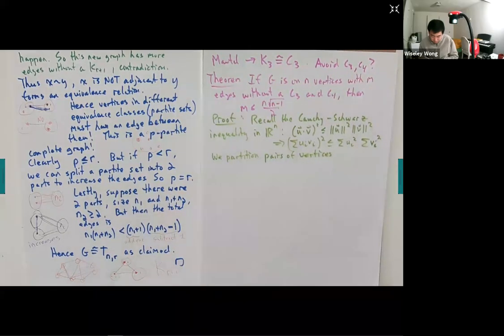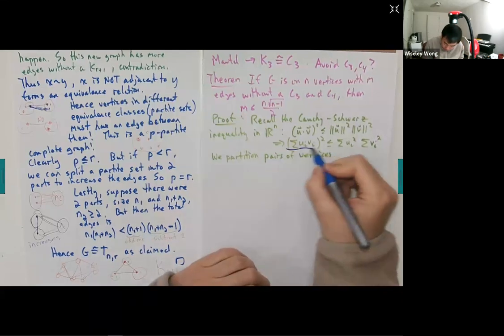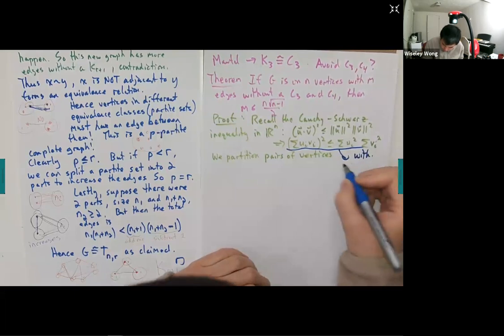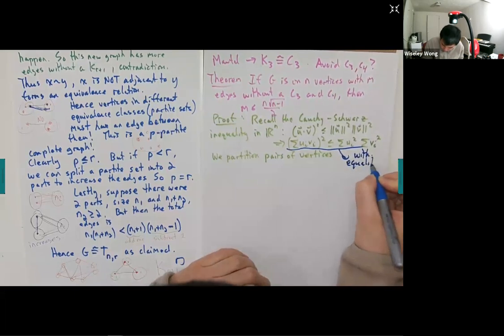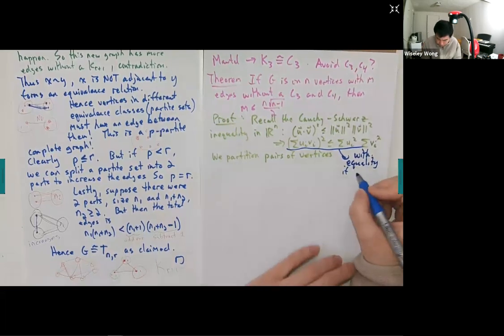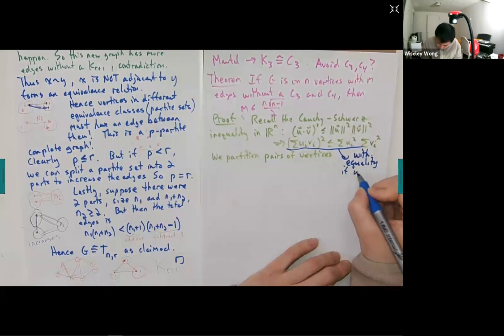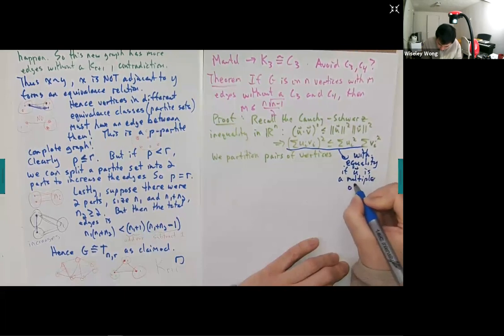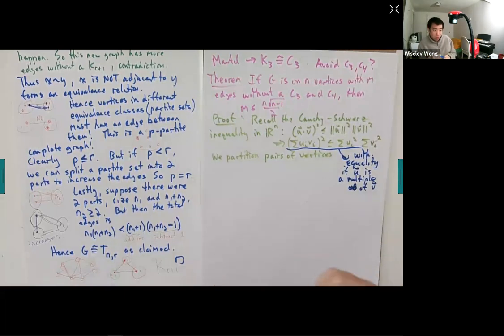Oh, shoot. I forgot to say one more thing. So equality occurs whenever they're linearly dependent.